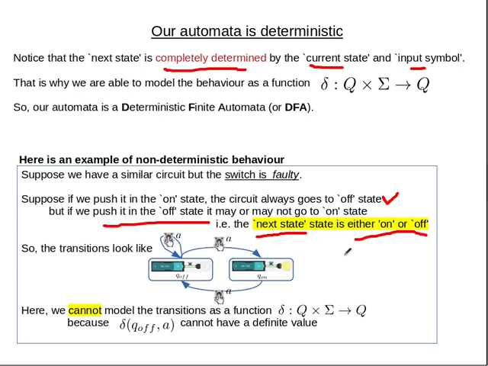This is what non-deterministic behavior can look like. Later we will study non-deterministic automata in detail. In the current lecture we will only focus on deterministic automata, but it's helpful to always have in mind that there are other things, and it can be non-deterministic.